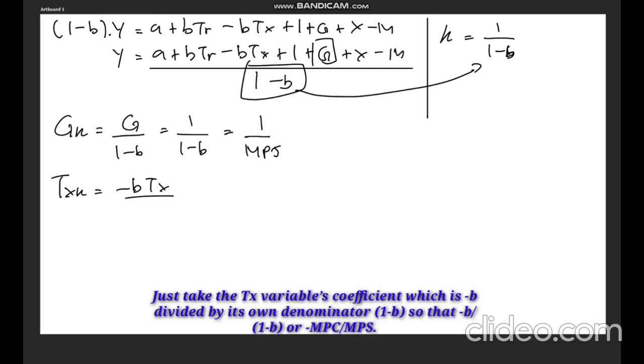Take the Tx variable's coefficient, which is minus b, divided by its own denominator, which is 1 minus b. So that is minus b divided by 1 minus b, or minus MPC divided by MPS.